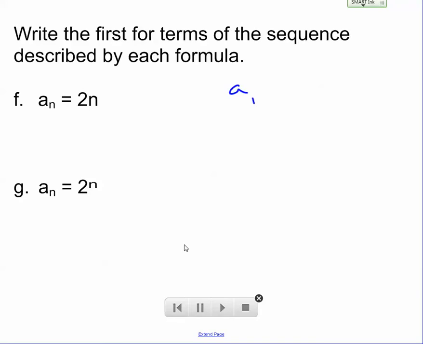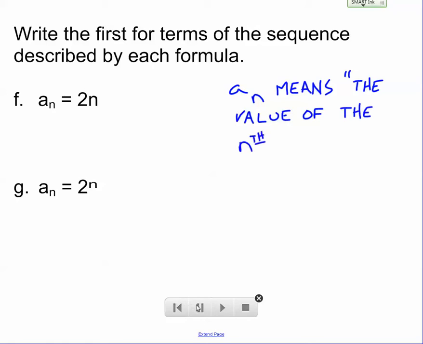But a subscript n means the value of the nth term. So a subscript 1 would be the value of the first term. A subscript 2 would be the value of the second term.